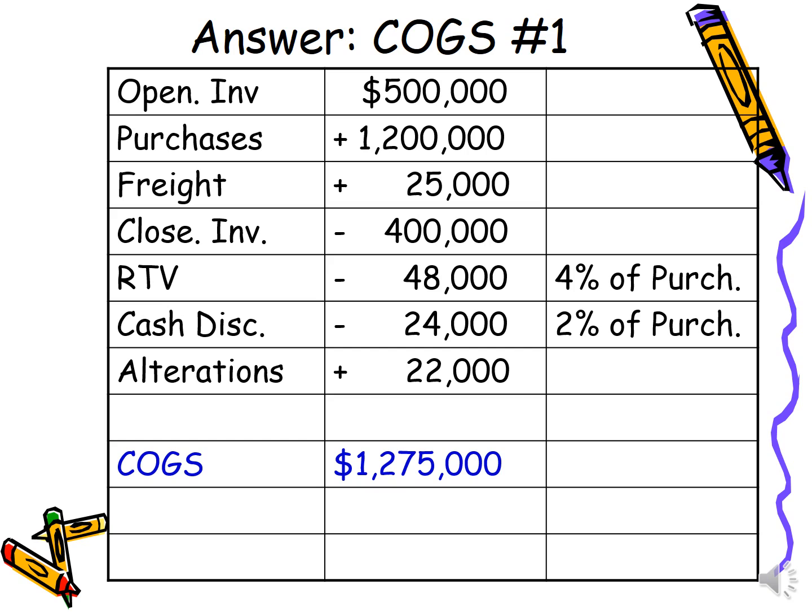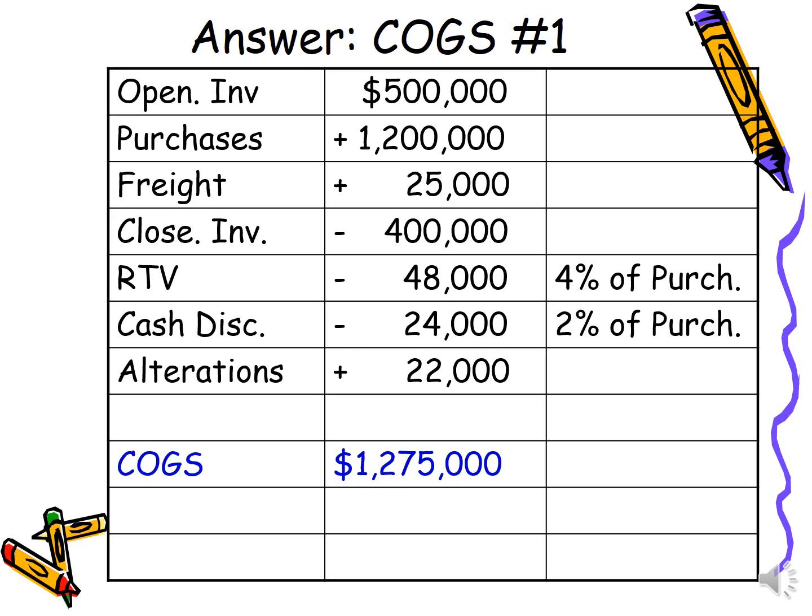So let's check out the answer. First, I said, well, let's turn the percentage figures into dollars first. So we had two percentage figures, return to vendor and cash discount. Both are percent of purchases, and returns to vendor being 4% of purchases.